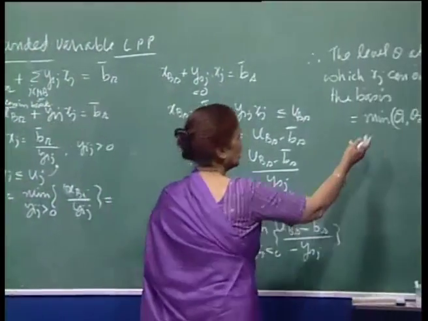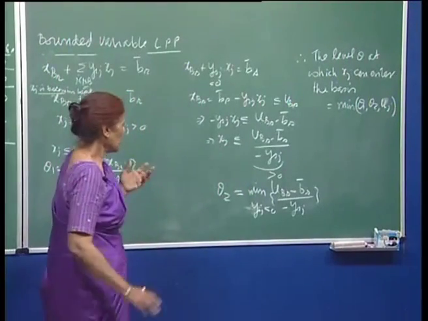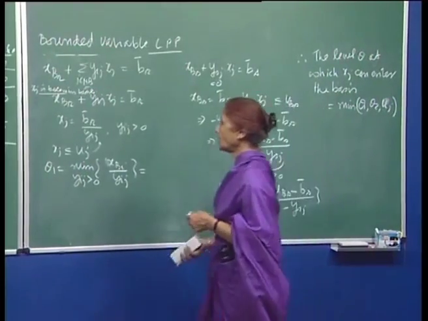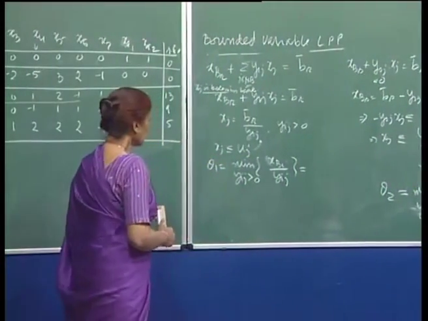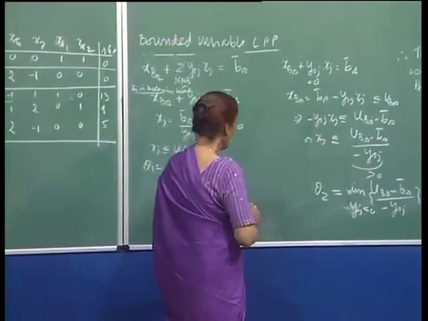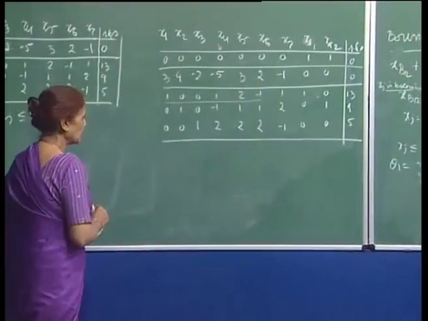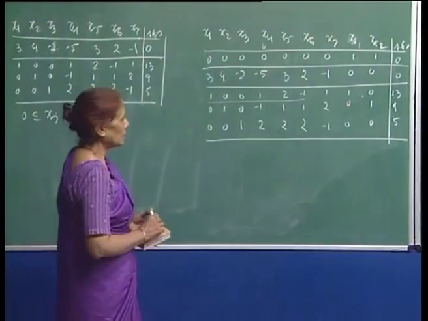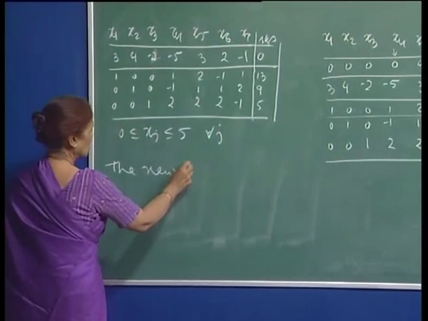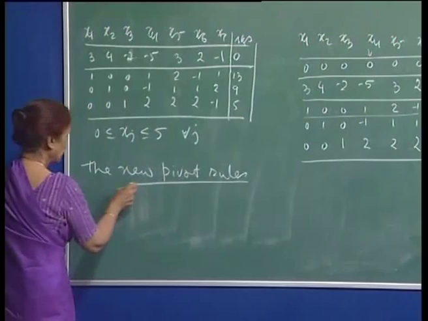And of course, this is the normal pivot rule. Once we have this computation clear, I have these 3 cases. Let me discuss the cases here, and then we can start working on a numerical example. So the new pivot rules.